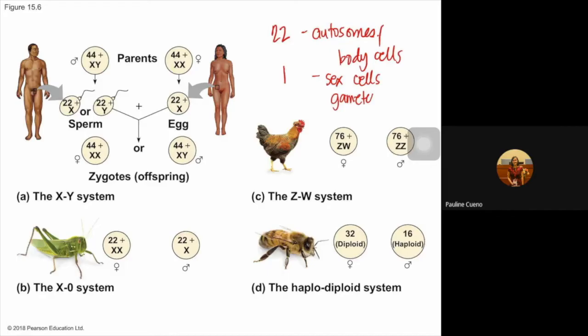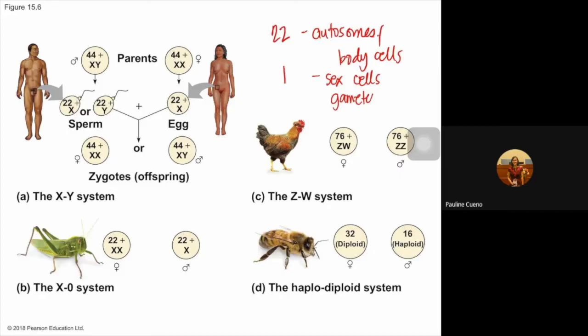And then for the haplodiploid system, particularly for bees, these are the hymenopterans. For the bees, their sex determination is such that if the organism is diploid, it is female. And if it is haploid, it is male. That's why if you observe bees, the queen bee is the biggest, because she is a diploid organism.